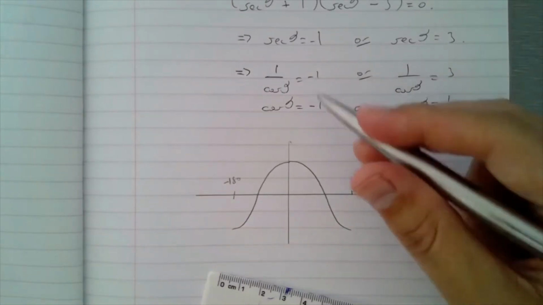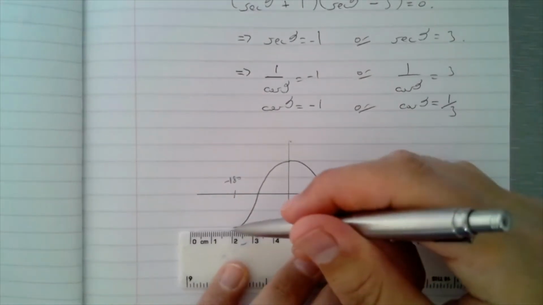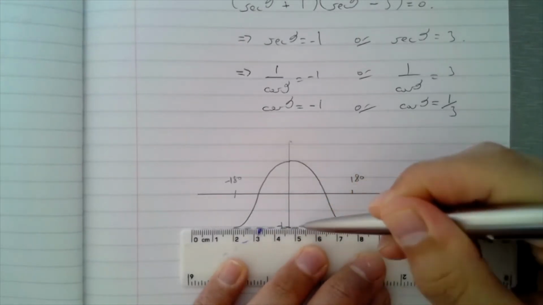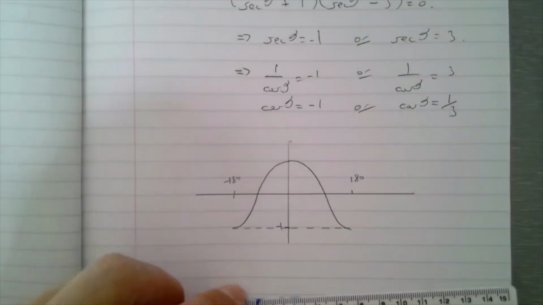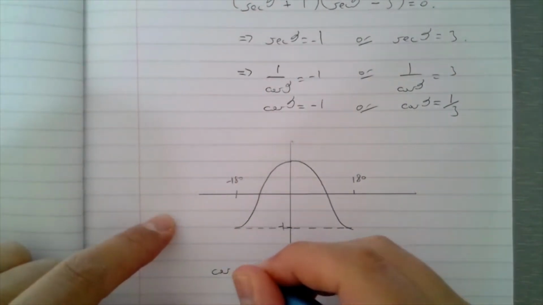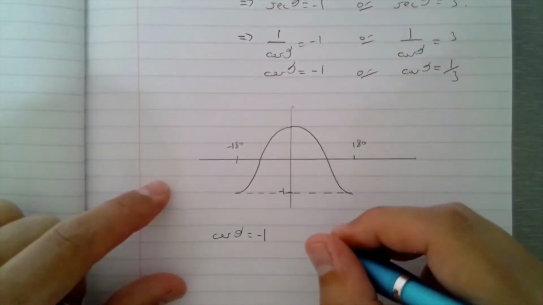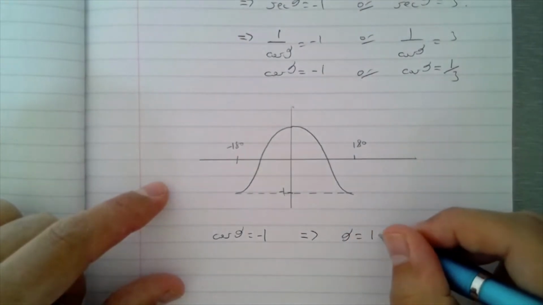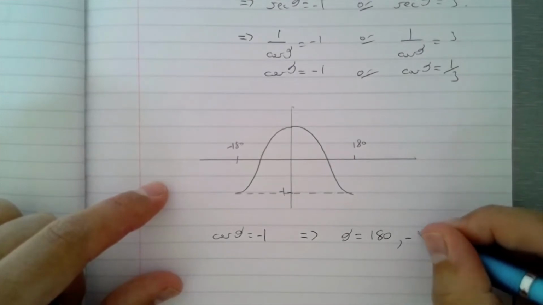If it's minus 1, then I've got two answers. If you stick cos theta equals minus 1 into your calculator, that will give you theta equals 180. And from the graph you also get minus 180.